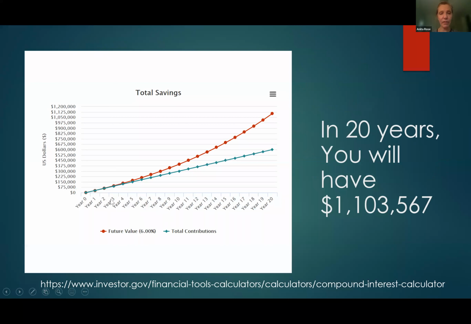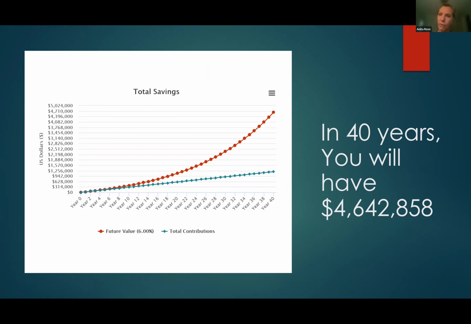Let's take a look at this investment over time. In a 20-year period, if you had put away that $2,500 a month, as couple two, the happy couple, had done, you would have, after 20 years, over $1 million. That's quite a bit of money. Here's a link if you want to try this for yourself and see what you would wind up with. But now let's look at it over 40 years.